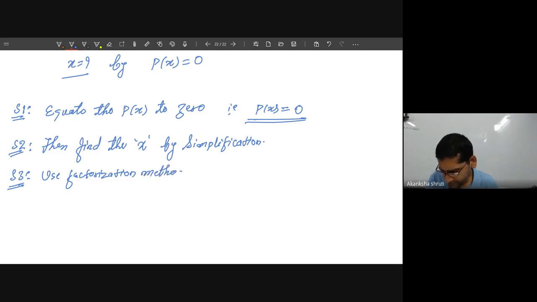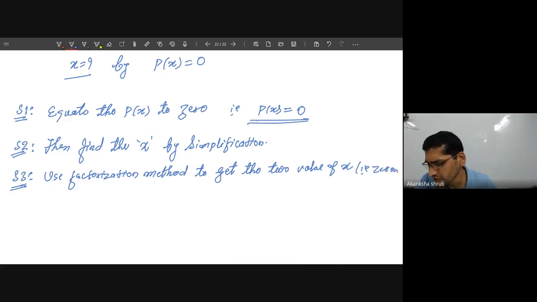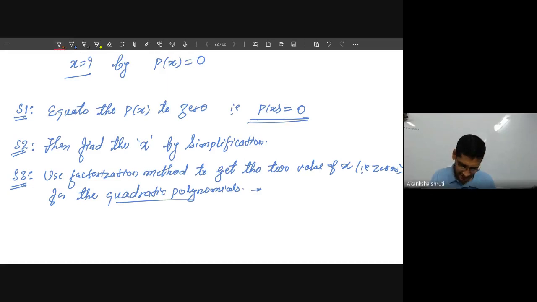Factorization method to get the true value of x. Means these two values of x are nothing but these are also zeros for the quadratic polynomial.